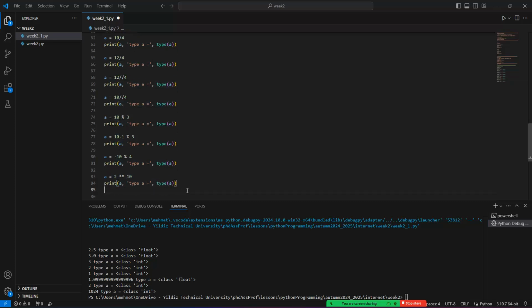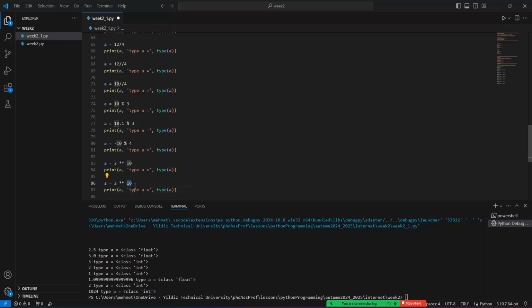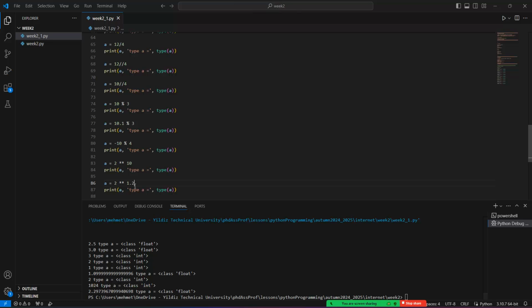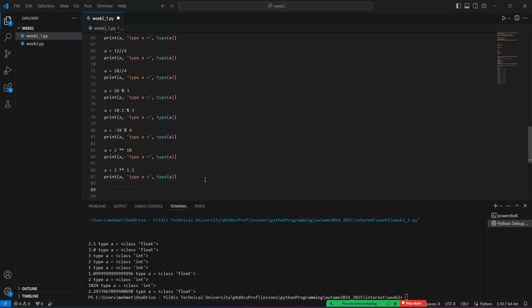Or we can use a float value, unlike other languages such as C or C++. We can calculate it like this, 2.29 and so on, and this is a float value. So this is the basic operation about these things.